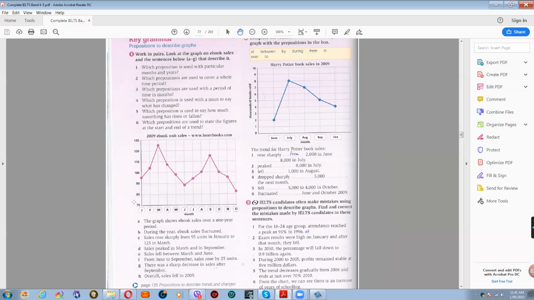At. Nope. From, to. No. During. Yeah, during. Which prepositions are used with a period of time in months?